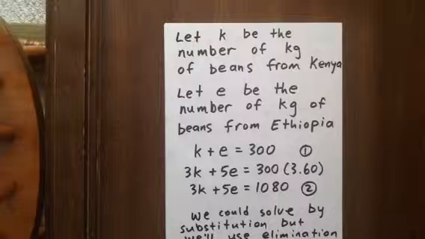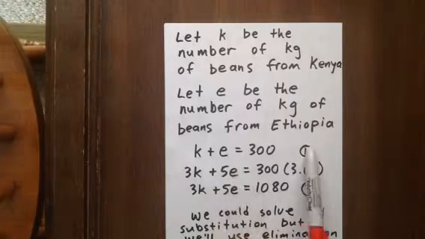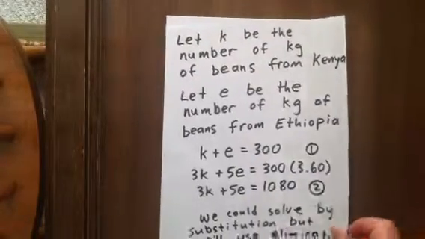Now you might look at that and on first glance say we should use substitution because it would be easy to isolate either the K or the E and sub it into this equation. You'd be right. But since we're doing the elimination note, we'll just use elimination. Okay?